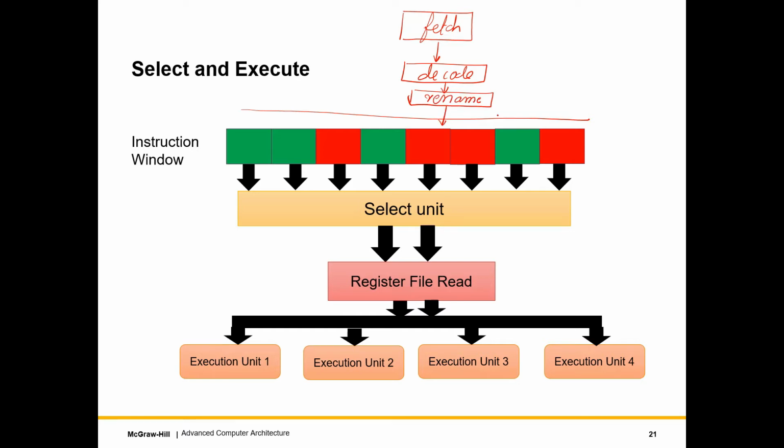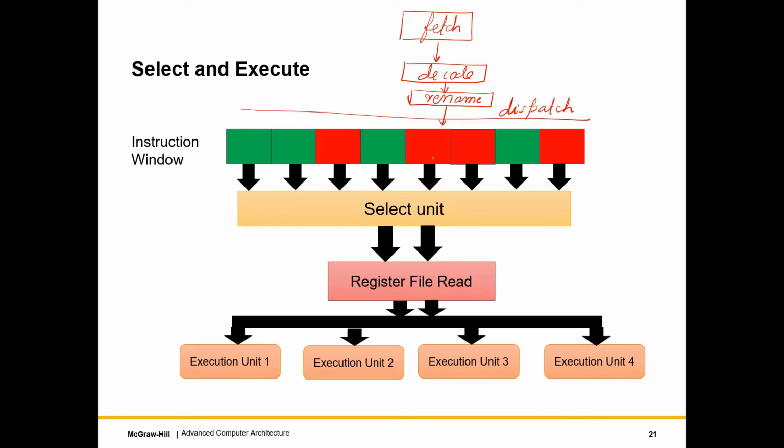And then this process is known as dispatch, where we write it to the instruction window. And at any point of time, we will have a set of green or ready instructions and a set of red instructions that are essentially waiting, right?